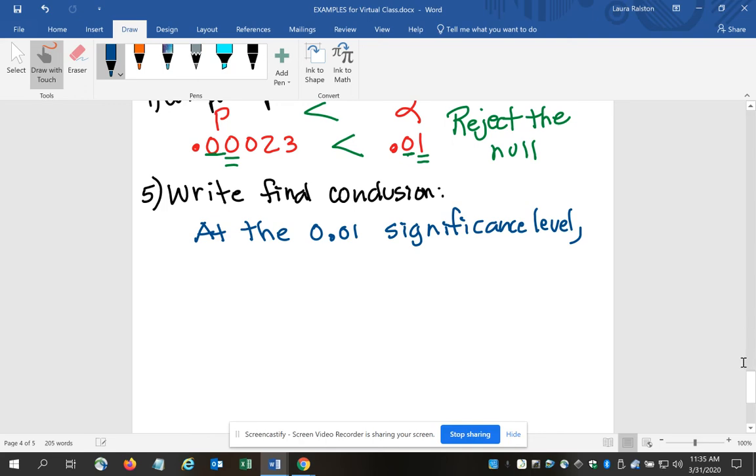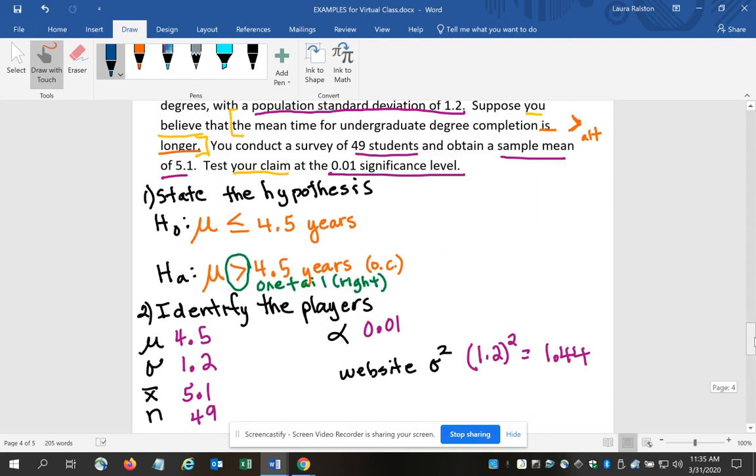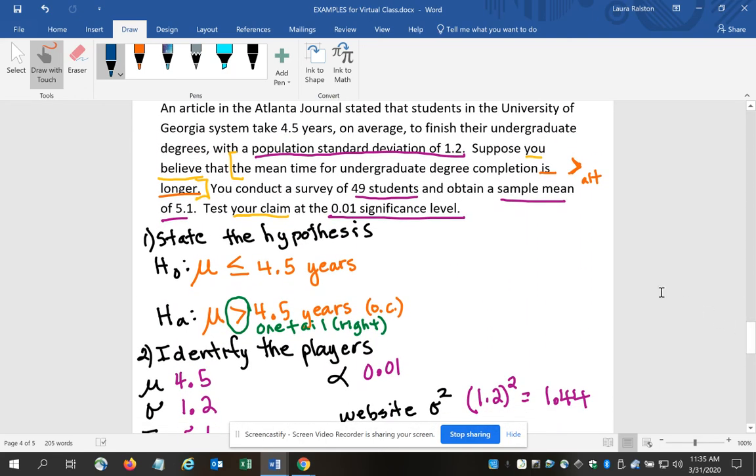And then let's go back up here and think about it. Okay, so again, in this case, we reject the null, which means the null is false, which means the alternative is true, which means your claim was valid, that it is actually longer. And so that's what we want to say.